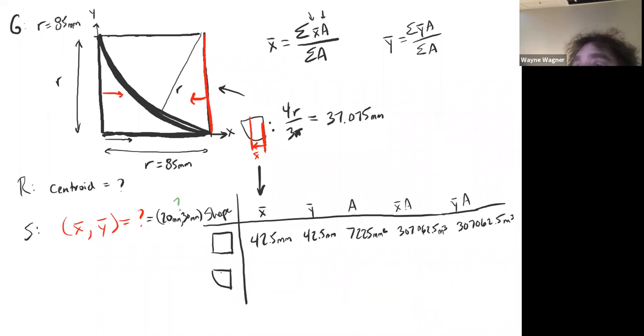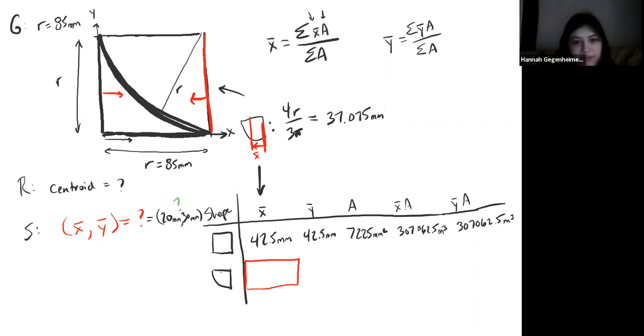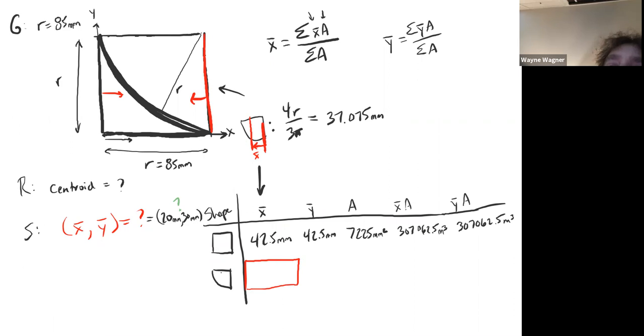So what number am I going to put right down here? 37.075. Wait, no. Would you subtract it from 85? Yep, because here's our origin, right?